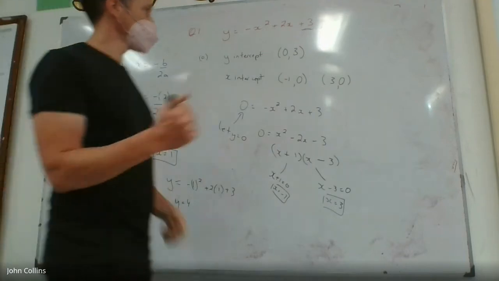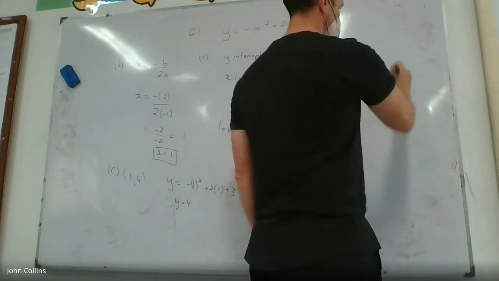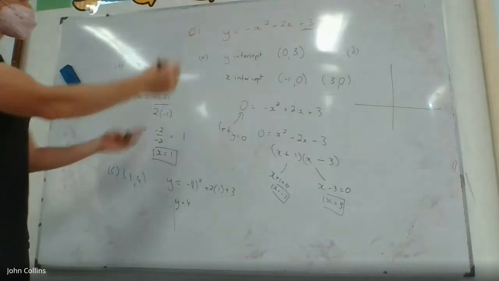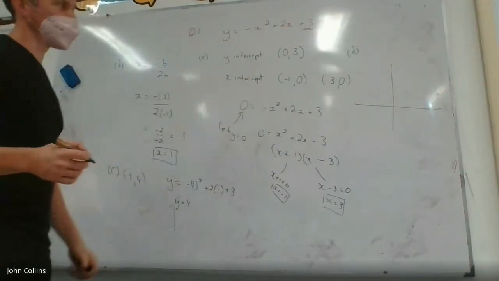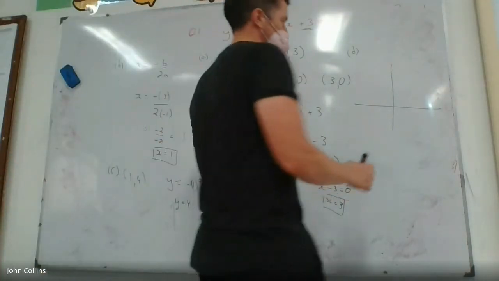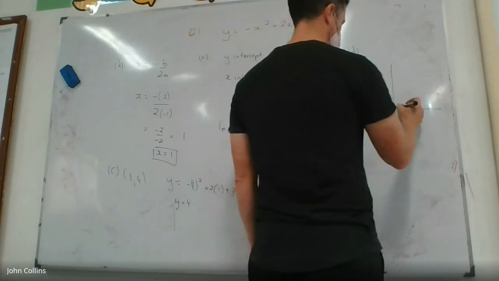My sketch then, which I'll do a brief sketch over here. I look at what points I need. I need 1 and 4. I need -1 and 3, 0, 3, and that can tell me how much I need to go on the axes. I don't need to really go back to -2 maximum here.